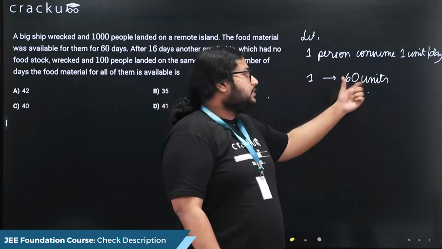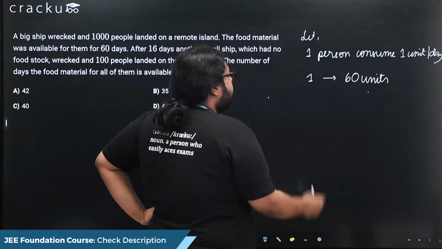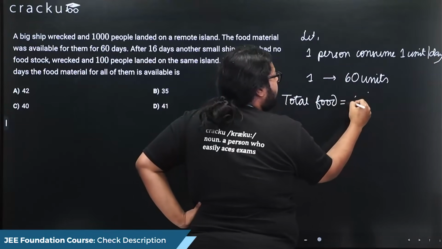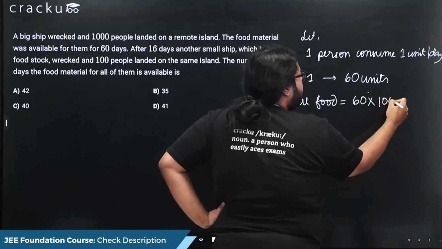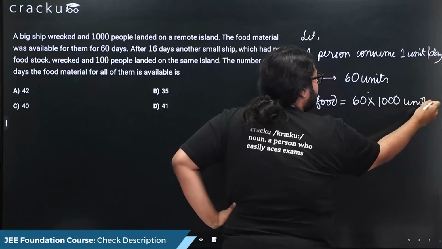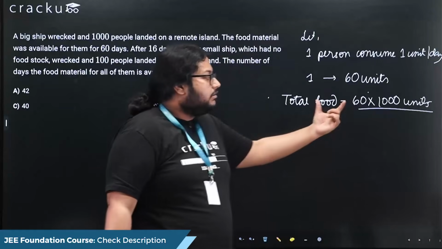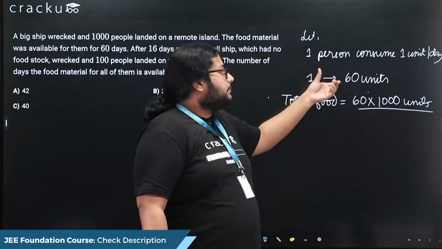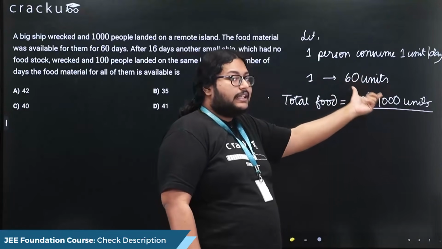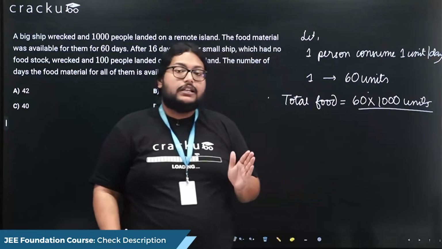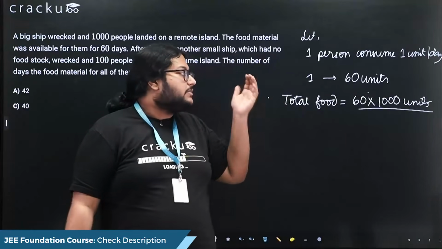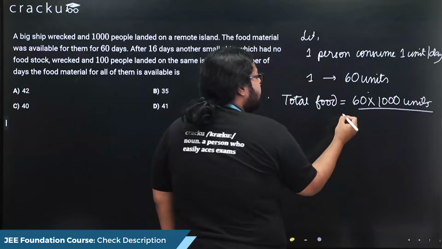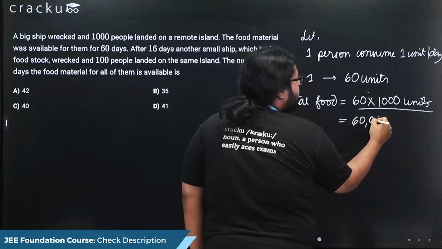And if one person consumes 60 units, then 1,000 people will consume 60 into 1,000 units, and that is the total amount of food that is there for us. So the total food is basically 60,000 units.